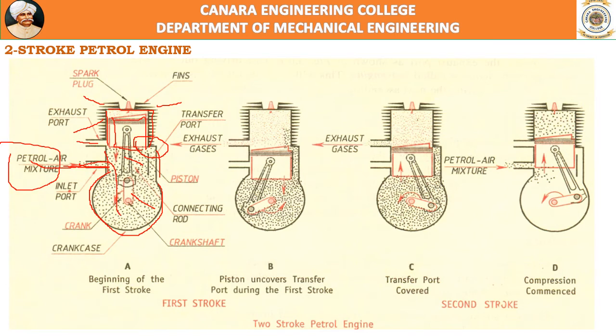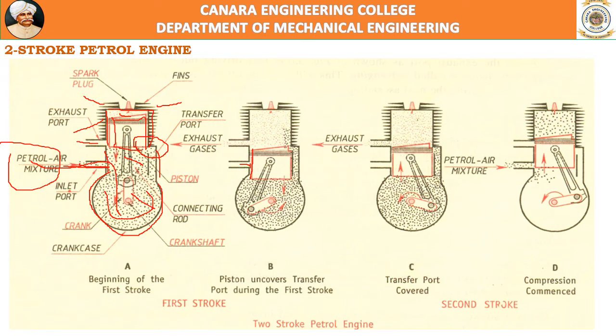In this case, air fuel mixture is not directly taken to the cylinder, but it is taken into the crankcase and collected. Then, in the second diagram, the inlet port is closed, covered by the piston.